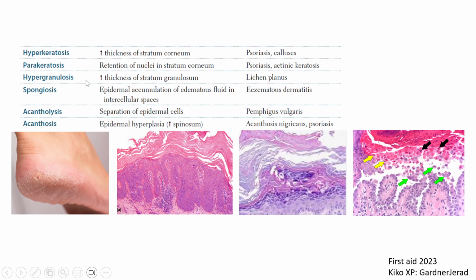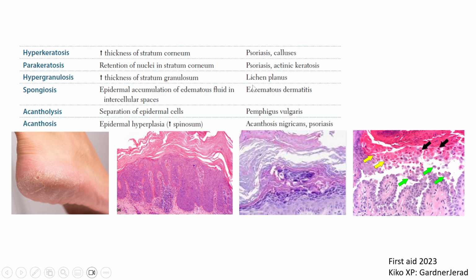Then another term is hypergranulosis. That means this purplish cell layer has thickening. Usually it is just 1 or 2 layers of granular layer cells, but you can see right now at least 3 or 4 cells stacked together. So this is hypergranulosis.